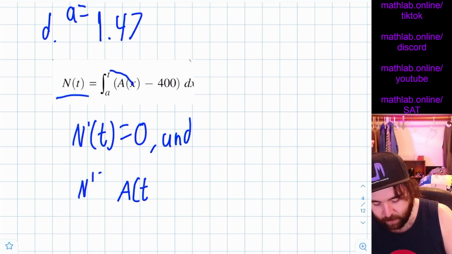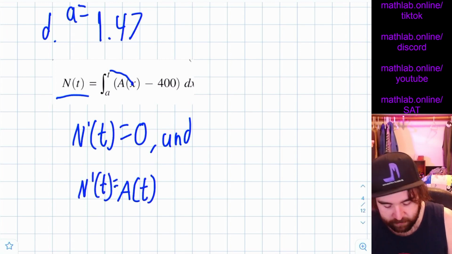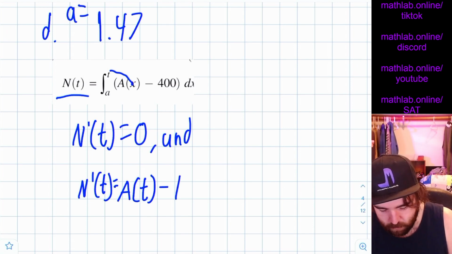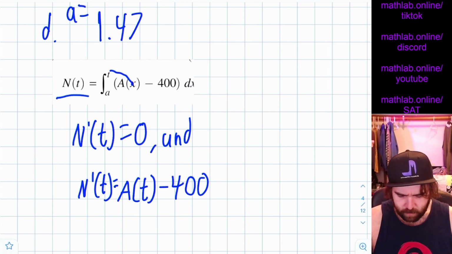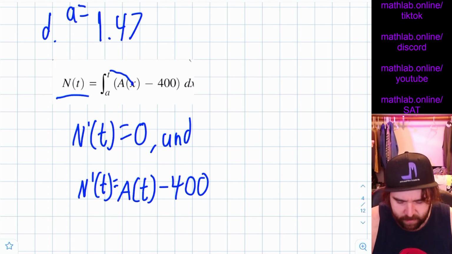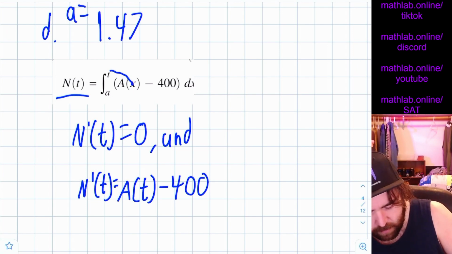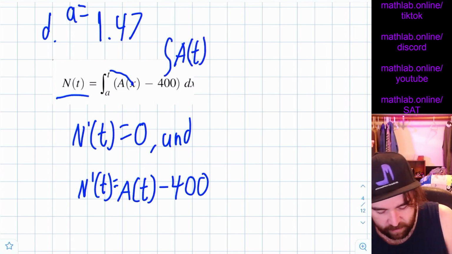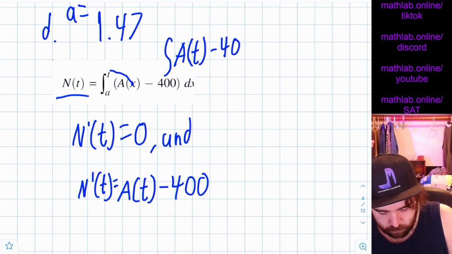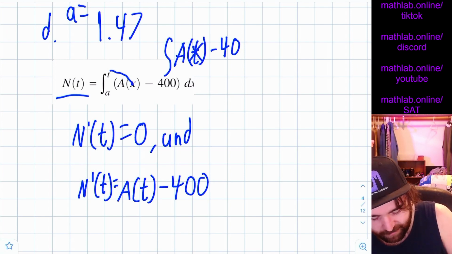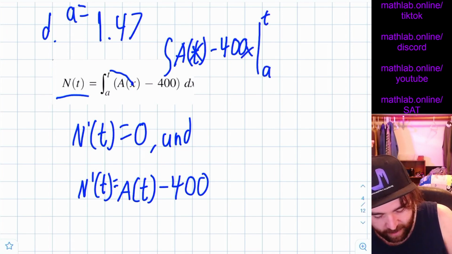So does n prime of t equal a of t minus 400? Because the a just doesn't matter. Because the idea is if we took the integral, we could even just do that by hand. It would be the integral of a of t minus 400x from t to a.